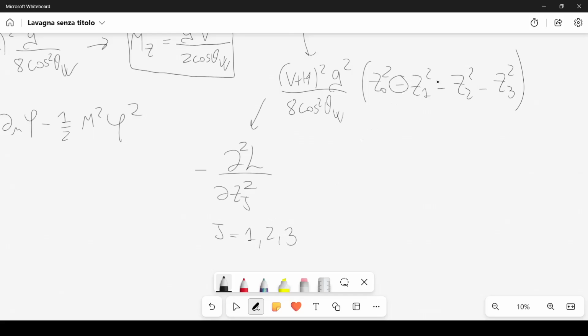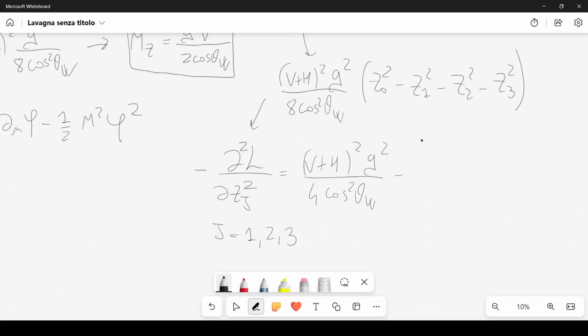So you can see here that we have these minus signs. So when you take this second derivative, what you get is (v plus h) squared g squared divided by 4 cosine squared theta W. In this case, this is the mass of the Z boson squared.